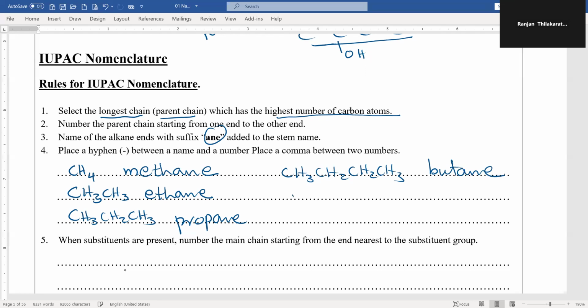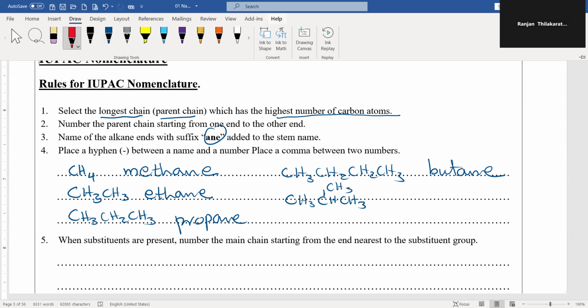If you get something like this, CH3, CH, CH3, and here another CH3. Then you choose the longest carbon chain, that may be this. And then you have to label that longest carbon chain.